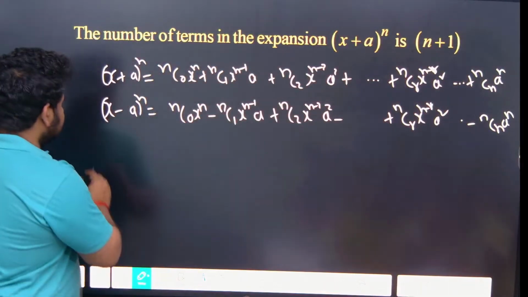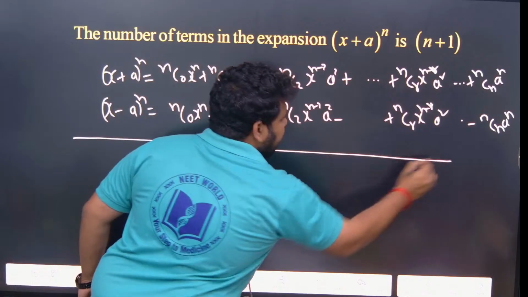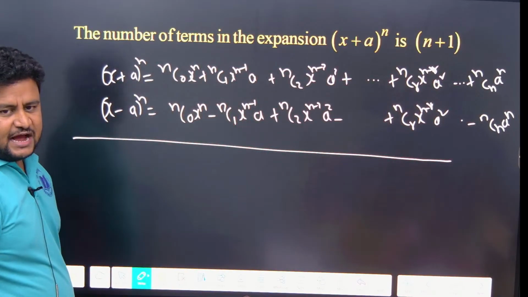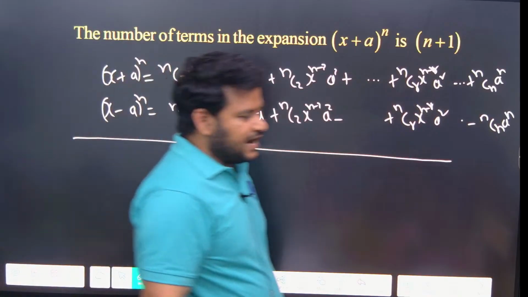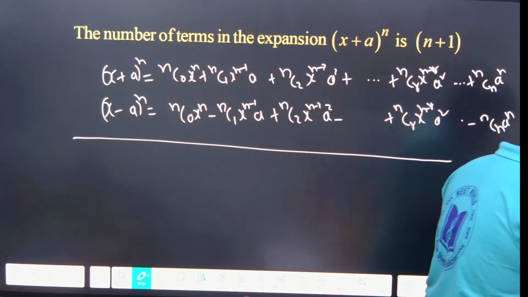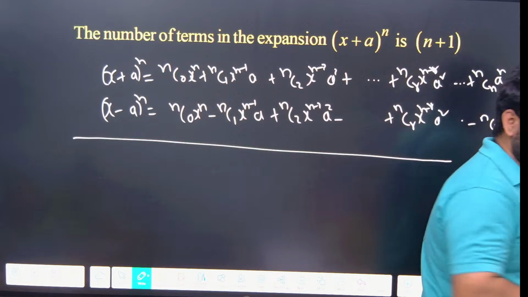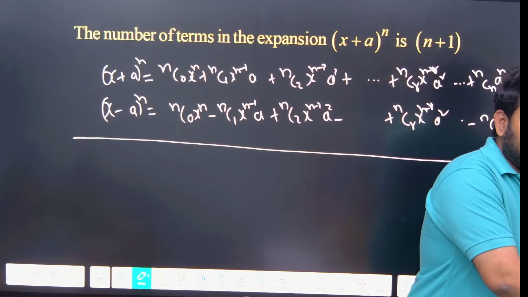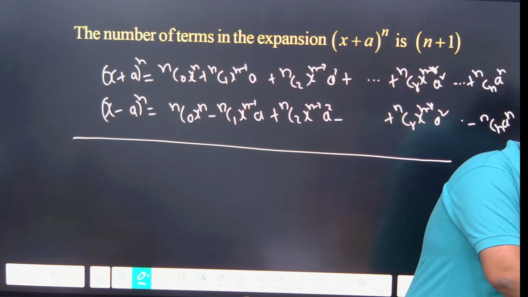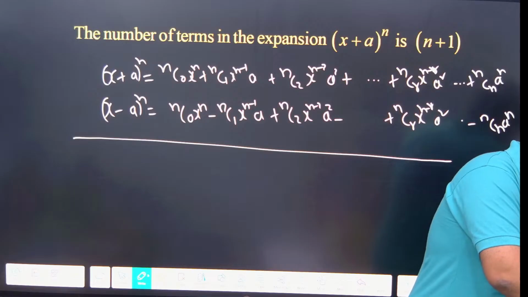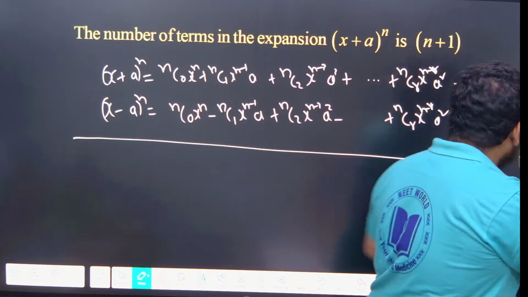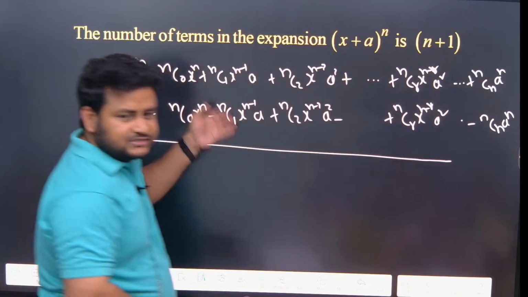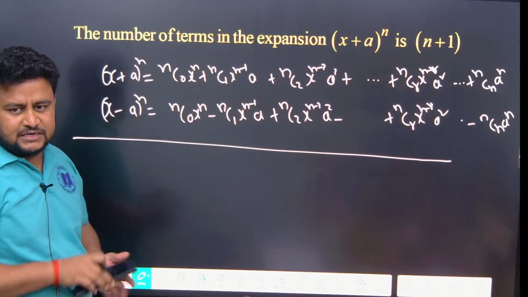Now my question is, if I add both of these, what will I get? Or instead of adding, if I subtract, what will you get? See what things will cancel. If I add, whatever is minus here will get cancelled.